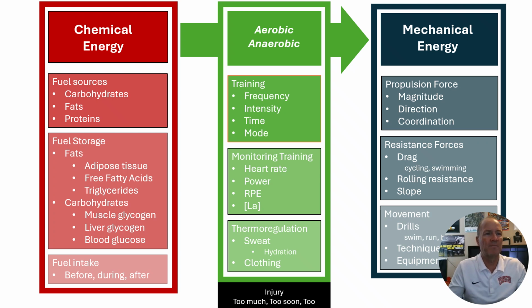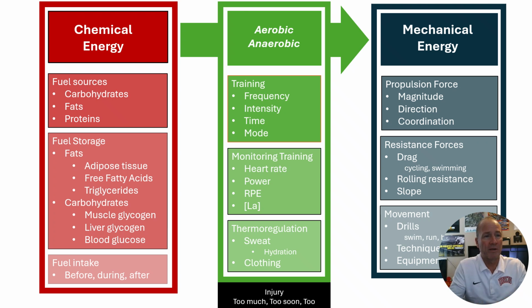So it's a neat little model to talk about what's really happening in the body: we're transforming chemical energy to mechanical energy. How do we do that? Well, we have 2 metabolic pathways, aerobic and anaerobic, and that's in this middle column right here. And both these pathways are active pretty much all the time.